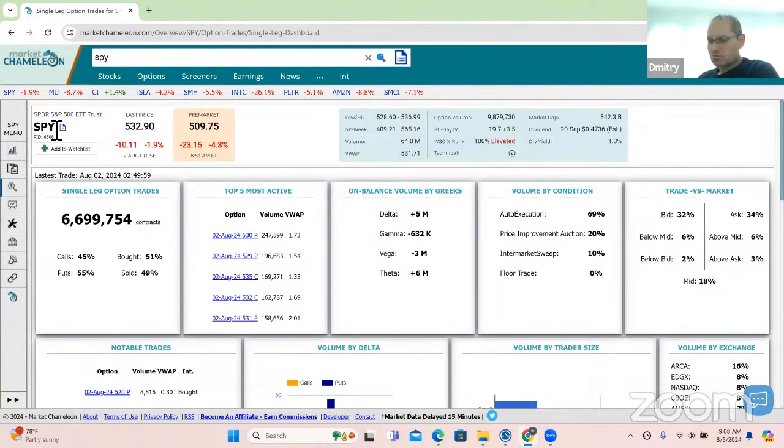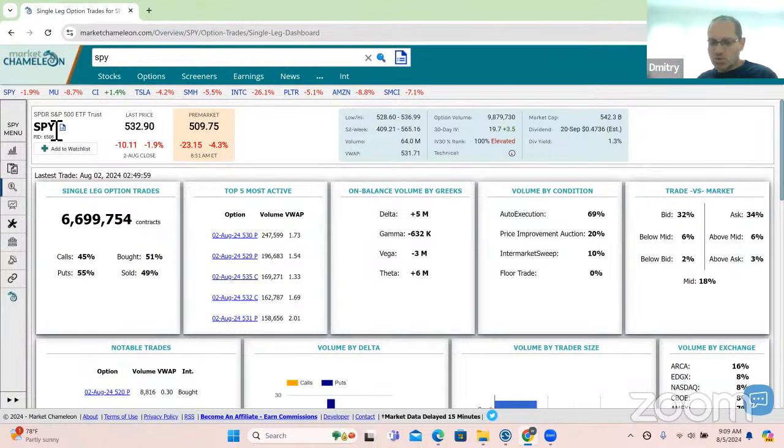So when they were entered in the market, it was entered in and executed as a single leg trade. Okay. And then we take those trades and we perform analysis on them to get more insights on the order flow and how people are using options in this particular stock symbol.